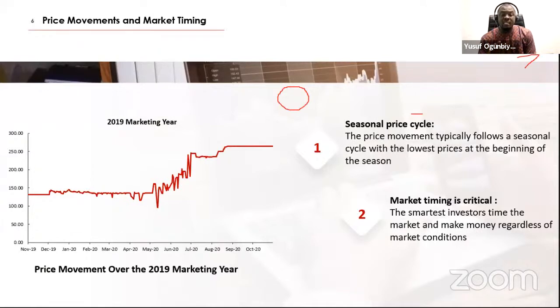The second thing is what applies to paddy rice. If you realize from what we showed earlier, paddy has 2 seasons. That means that within a year, paddy is produced twice in Nigeria.